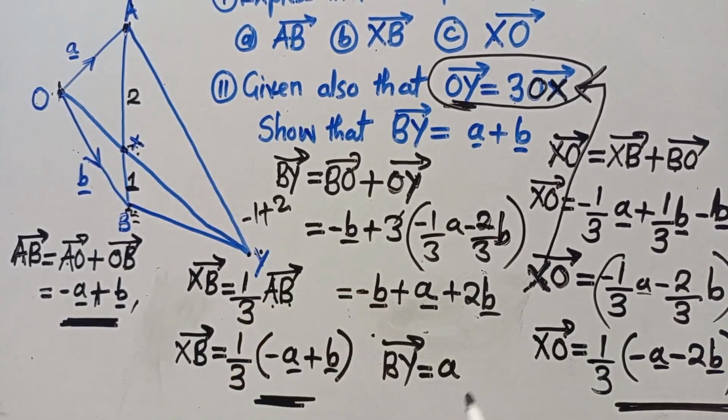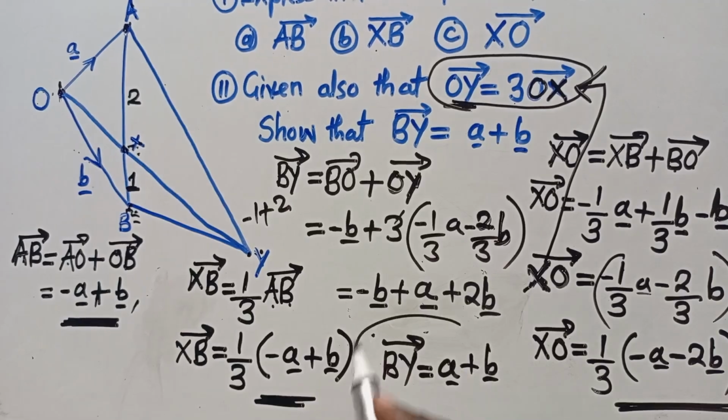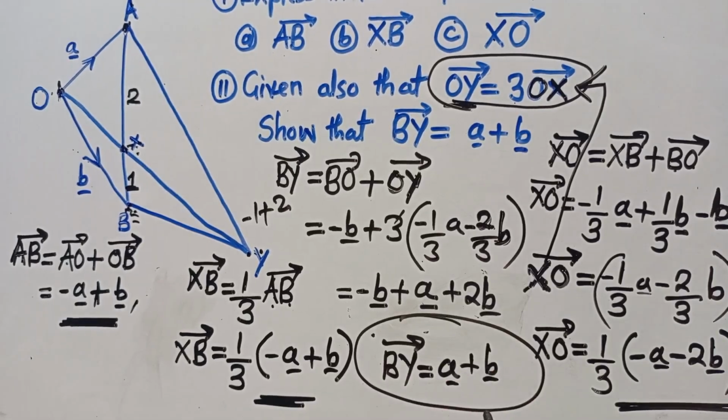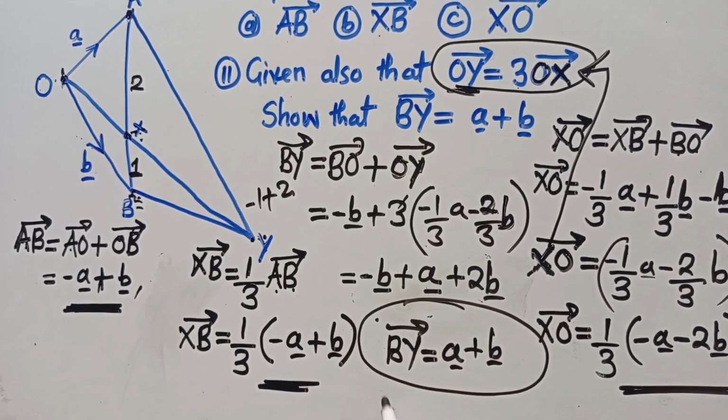What answer am I getting? It is just a 1. So I can't say 1b, I'll just say b. So it is a plus b. So this is the answer that I'm getting. This is the answer where you are just going to say hence shown. Hence shown. This is what you are supposed to do.